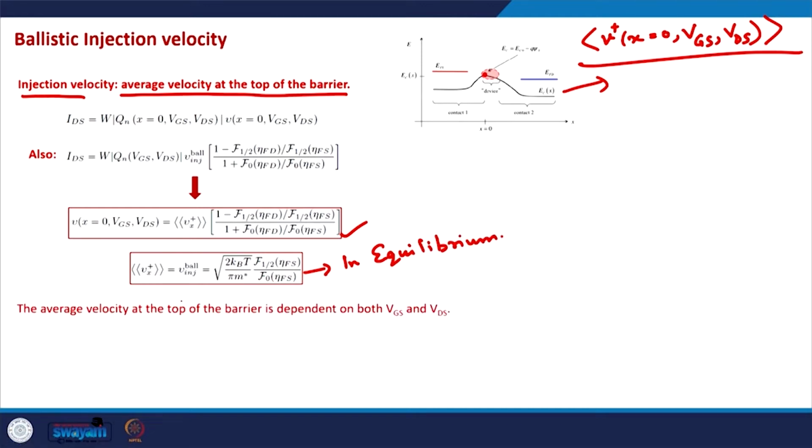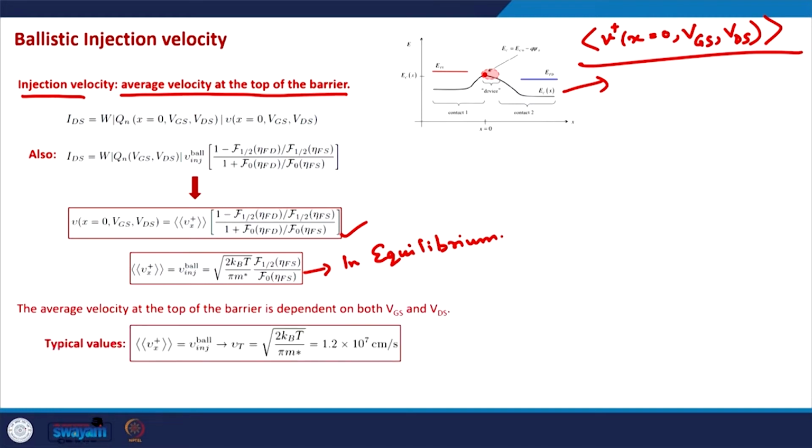Let us try to see that. If we do this calculation and put various constants into this expression, square root of 2kT divided by pi m star, you would realize that the order of this velocity is around 1.2 times 10 to the power 7 centimeter per second.